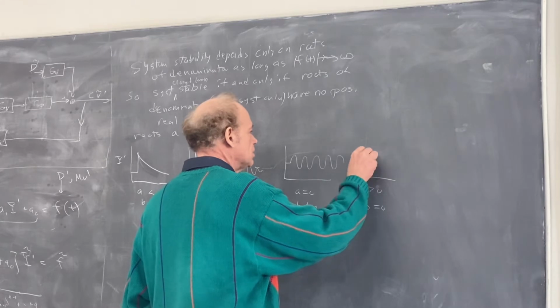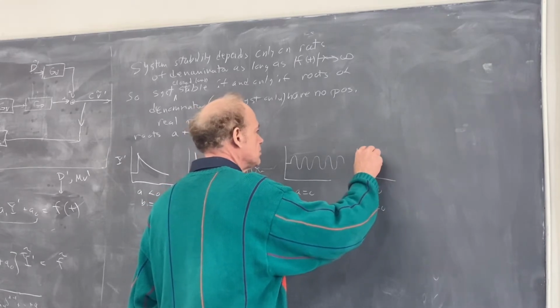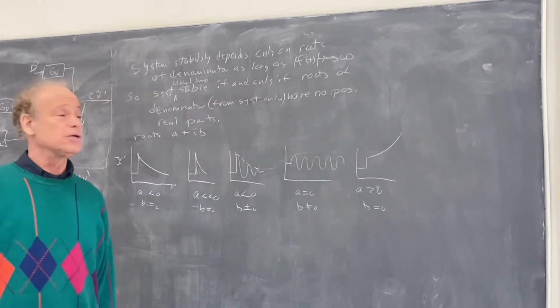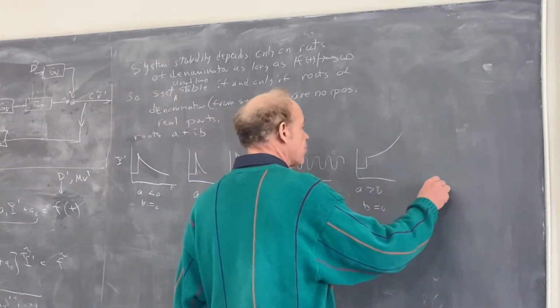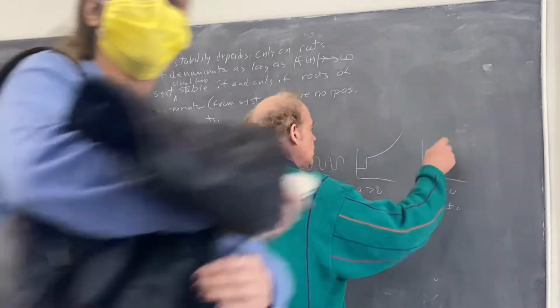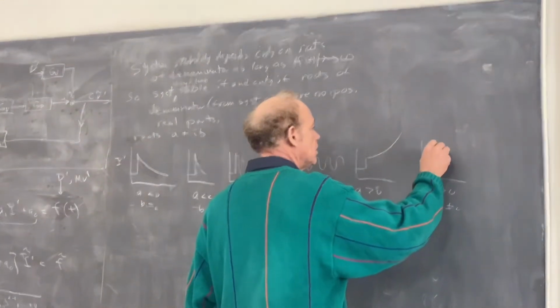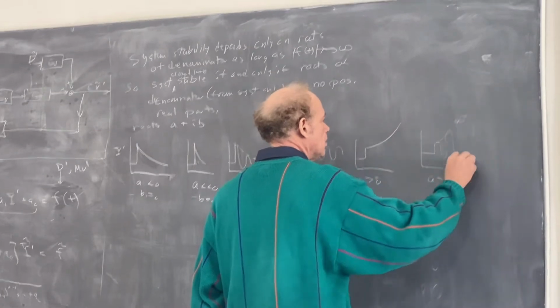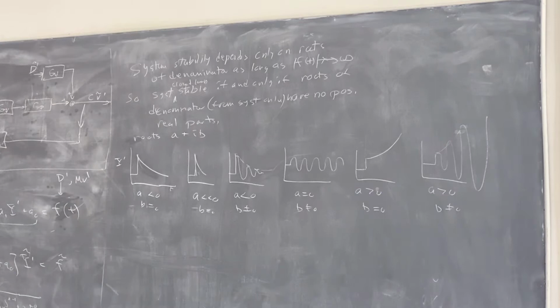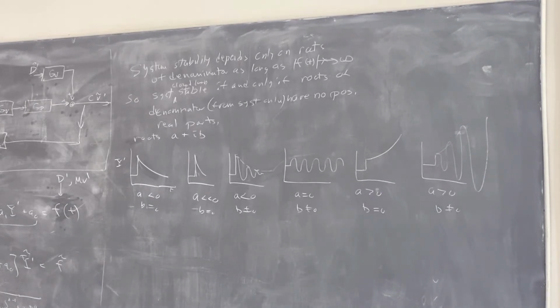Then it can just explode. And a greater than 0, b not equal to 0, it oscillates and explodes. So these are the different possibilities depending on what the roots look like. Are there any questions on that?